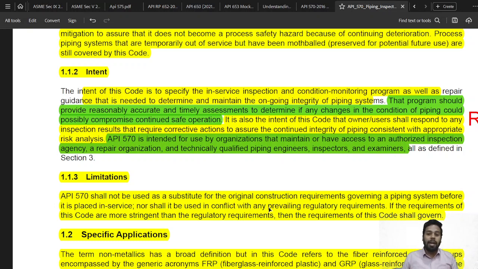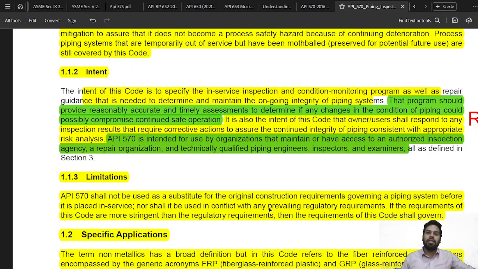It is also the intent of this code that the owner-user shall respond to any inspection result that requires corrective actions to assure the continued integrity of the piping consistent with the risk analysis. So generally, you have a different inspection team or a shutdown team or a repair organization that comes in, and the pipe is owned or used by some other industry.